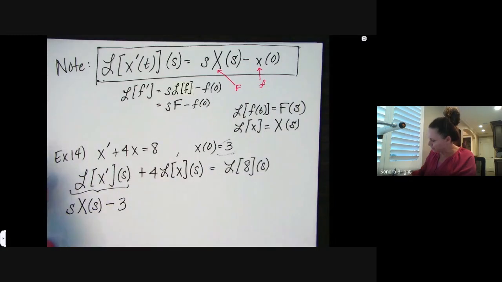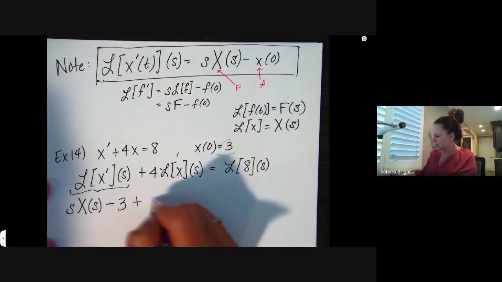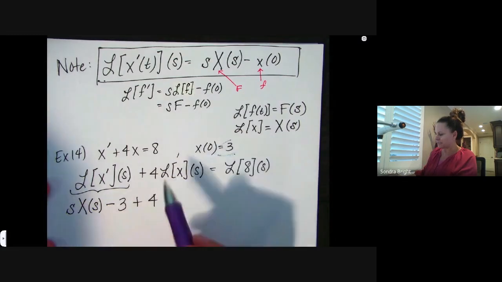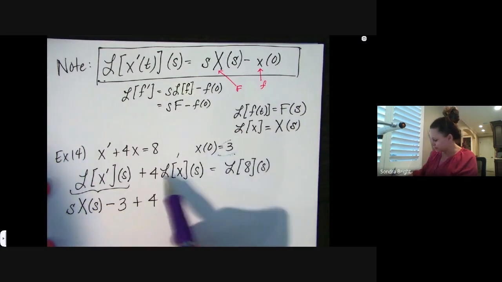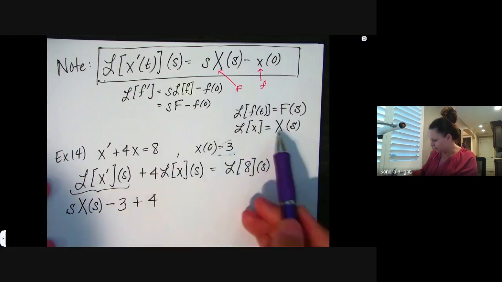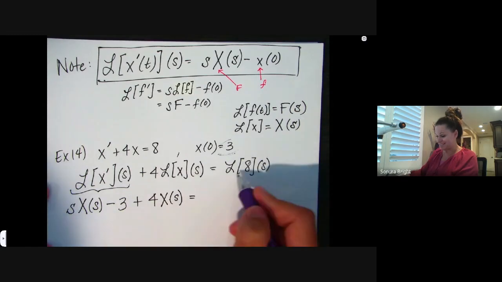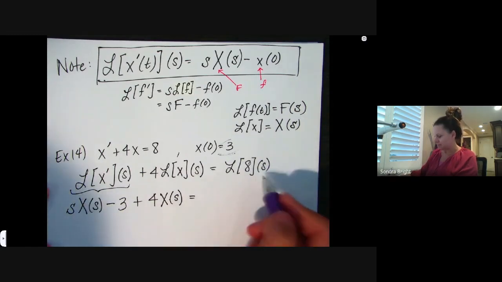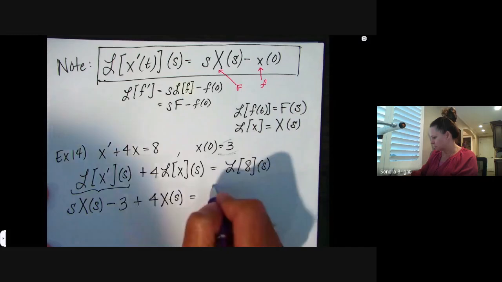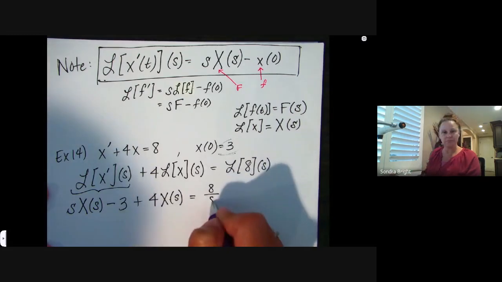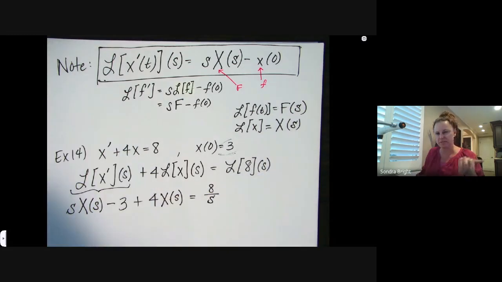Plus 4 times the Laplace transform of little x is capital X. And then the Laplace transform of 8 is 8 over s. Remember when we did the Laplace transform on a constant, it would just end up being 8 over s.